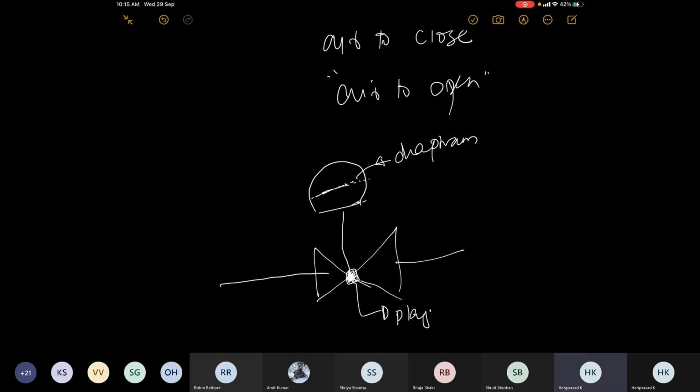So the instrument air line may be coming from somewhere here, and may be connected over here. And this is the air line, and you are supplying air on this top part of the diaphragm. So can you say this valve would be air to close or air to open?